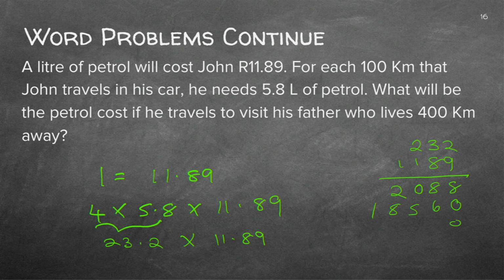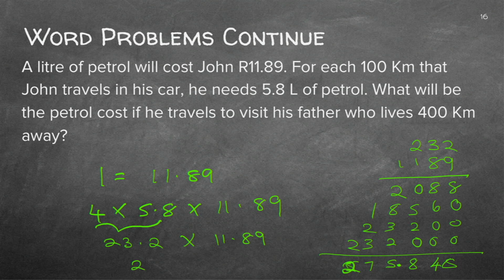Okay, so let's work it out: 2, 3, 2, and it will be the same here, 2, 3, 2, and if we add them together, we get 275848. And now we're going to count 1, 2, 3, 1, 2, 3.